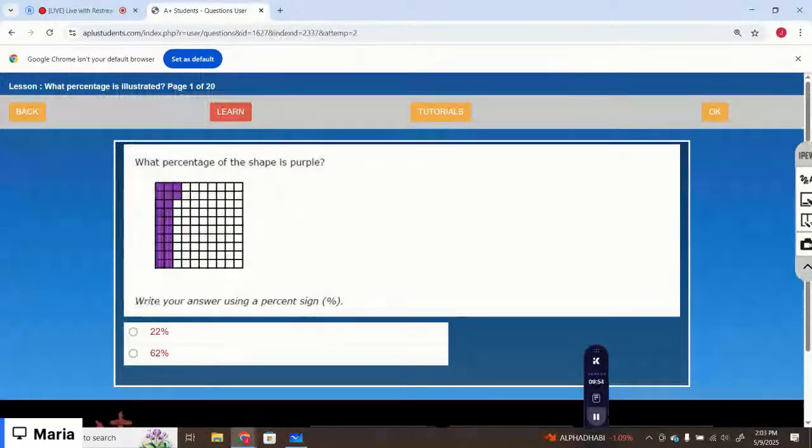So which is the correct option? 22% of the shape is purple. It is option number one, the correct 22%. Option number one is the correct option.